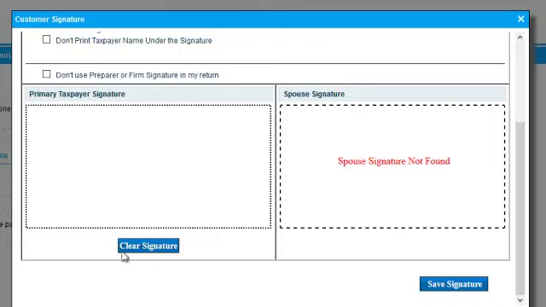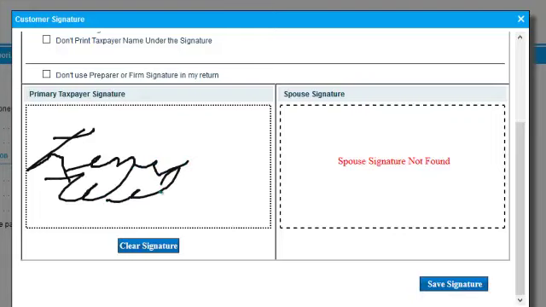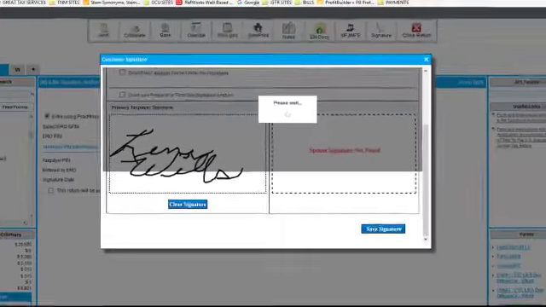They don't like that, hit clear. I'm going to say that's a M. And sometimes we do better. If they don't like it, they can try as many times as they like. And you hit save signature. It is done.